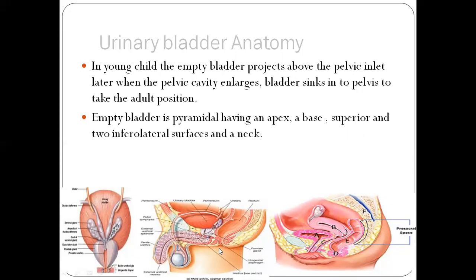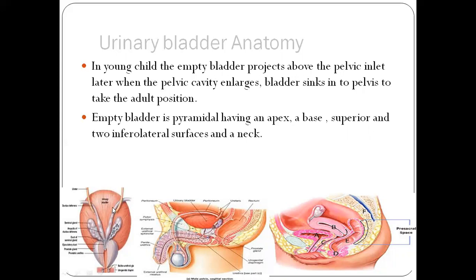So we move forward. In case of a female, this is a picture of male. This is a picture of the base or posterior surface of the bladder, where at the superolateral angles the ureters are entering into the bladder, and these are the lower parts of the ureters.